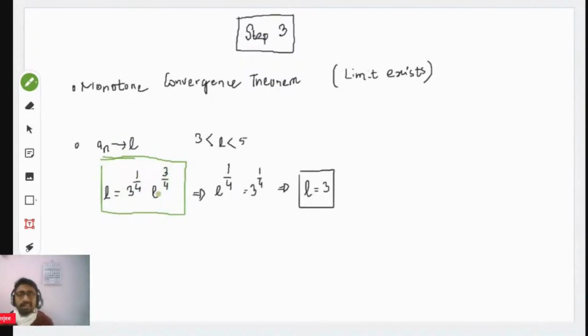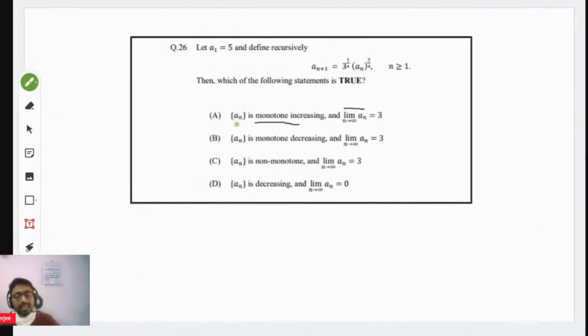You can replace it by L because it's going to the limit. You take the limit as n tends to infinity on both sides, and from that you get L is equal to 3. So this is the whole solution, guys. And an is monotonically decreasing and the limit is 3.